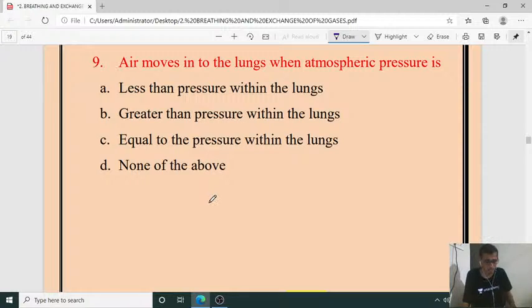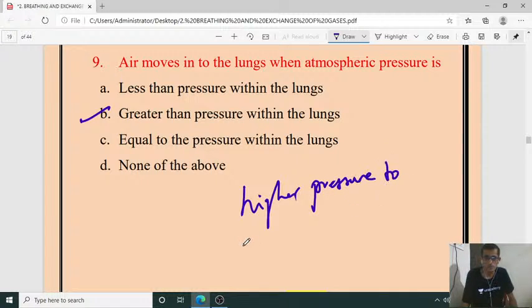So the right answer here is greater than the pressure within the lungs. From higher pressure to lower pressure, we can observe the movement of air.